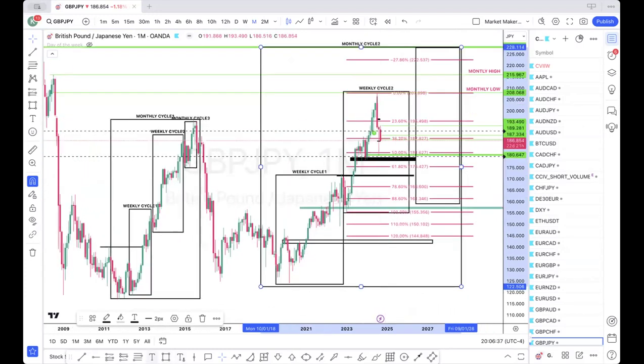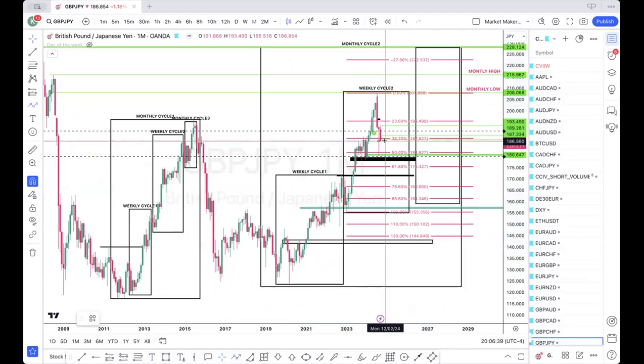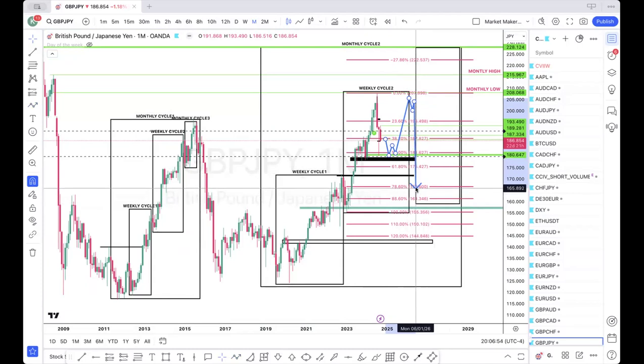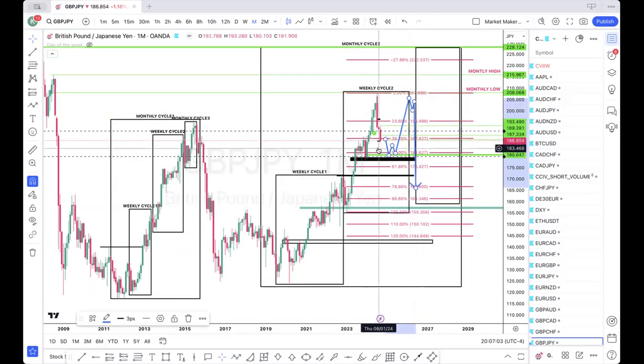We may get a push down to come back and give us our peak formation before, oh sorry, hold on. May, and that's a big may, right? It may come all the way back up here to then sell, or we may just get this break, then get a pullback.